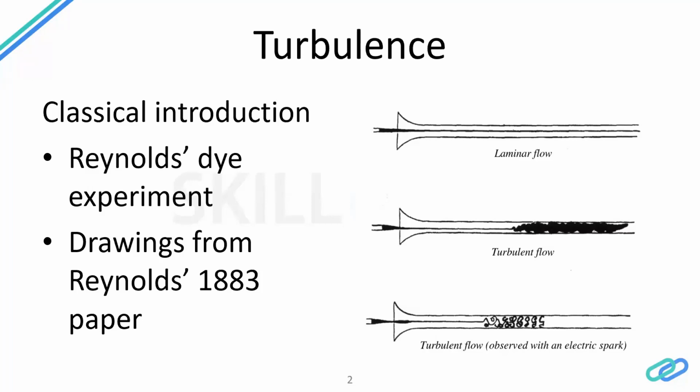However, when he increased the velocity in the pipe, he started seeing some chaotic motions, and with the help of the ink, because the ink follows the motions in the flow in the pipe. When you observe these motions with an electric spark, you see some vortices, eddies, some blobs of this ink going around in an apparently chaotic motion.